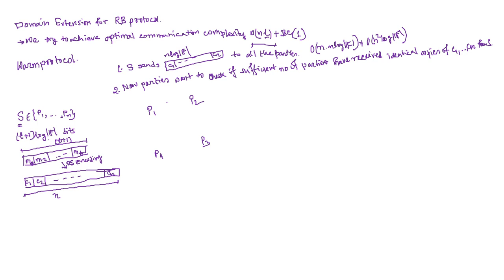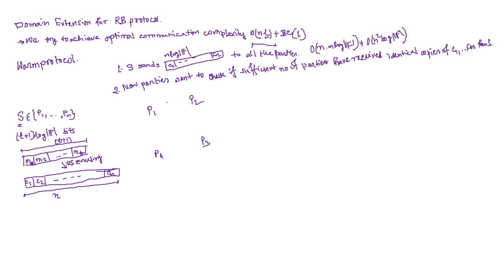So naively how can they check that? P1 can broadcast its content to every other party, P2 also can broadcast all the n values to all other parties, and then they may want to check how many copies of C1 to Cn are the same. So that is a huge amount of communication, as you understand.